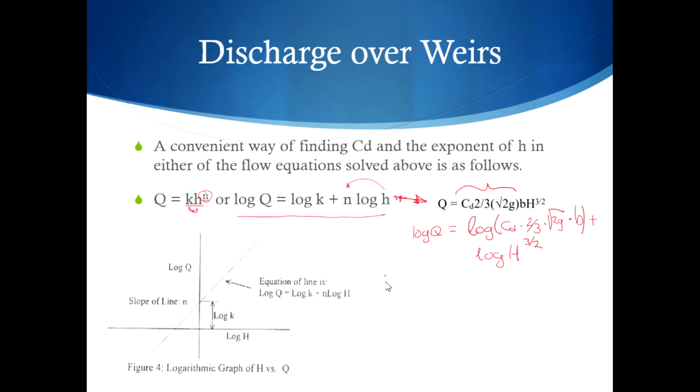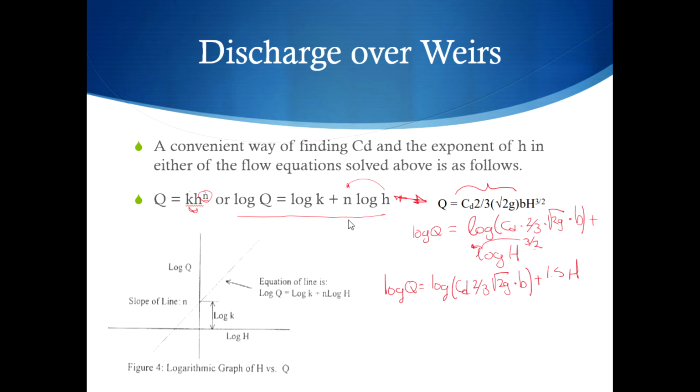And then we will have log of Q equals log of all these plus 1.5 log h, since we transfer this power in this way. So we have this equation of logs also.